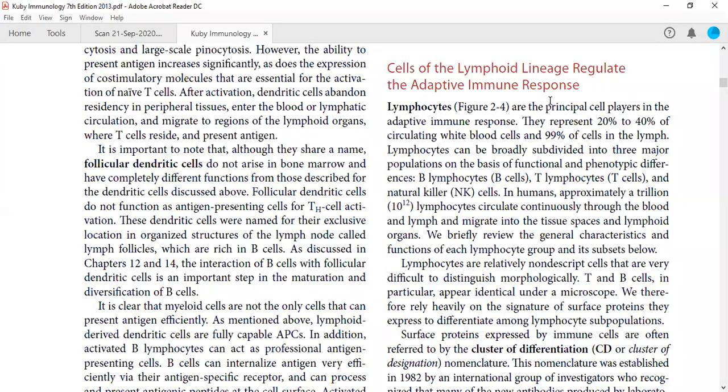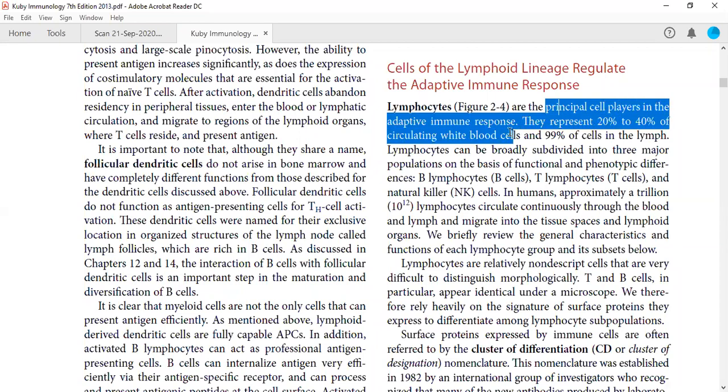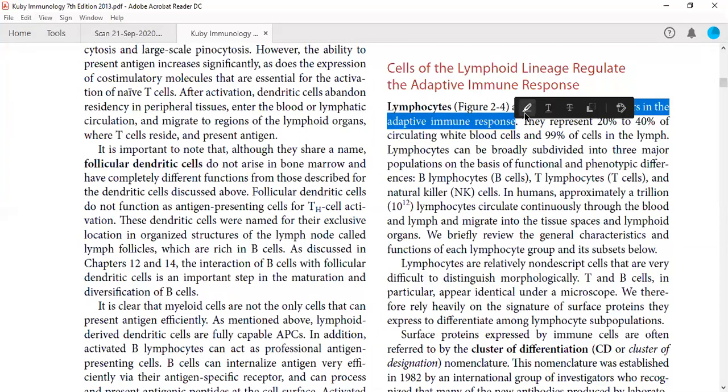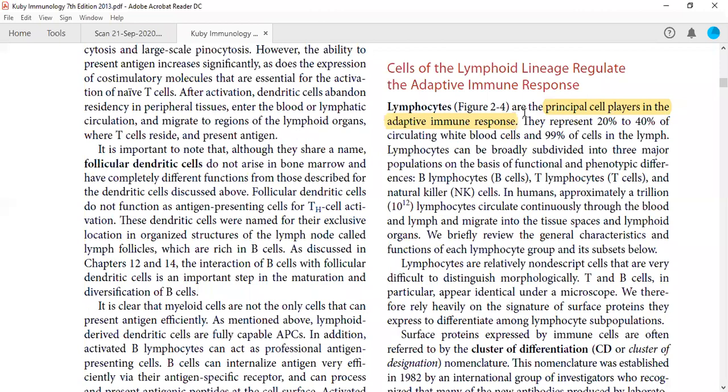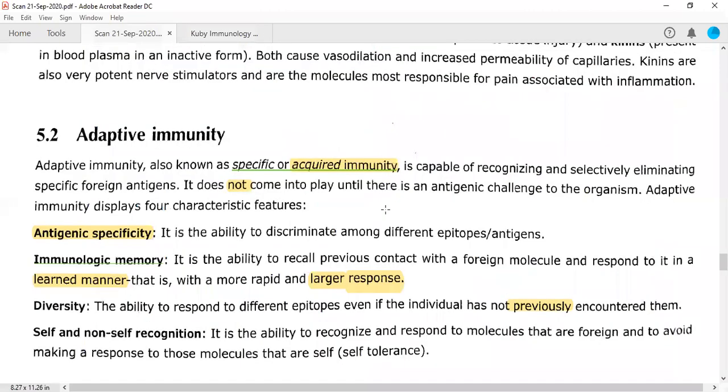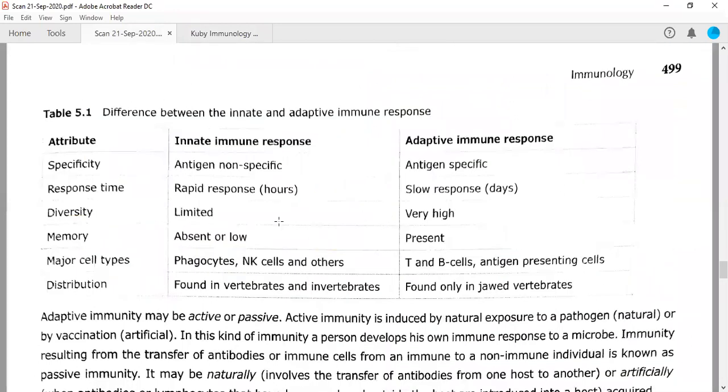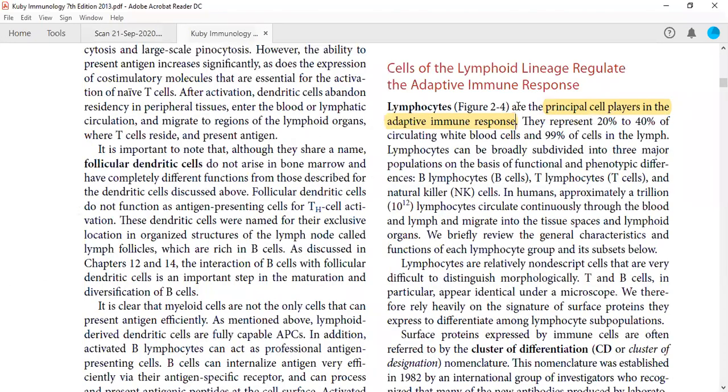Lymphocytes are the principal cell players in the adaptive immune response. Why is this statement written here, although we already discussed that lymphocytes are of three types: B cells, T cells, and natural killer cells? This is a contradictory statement, that they are the principal players in the adaptive immune response, but we are discussing lymphocytes in the innate immune response.